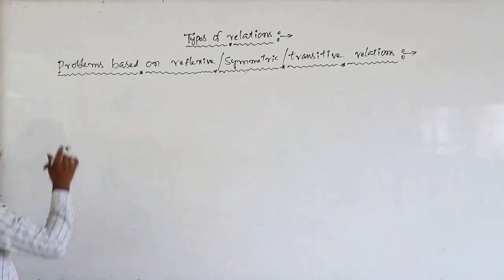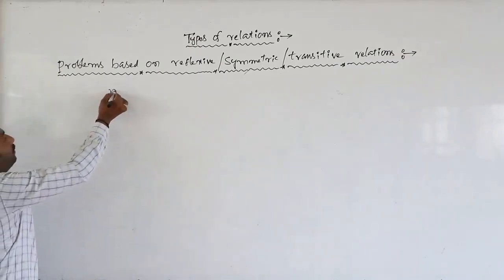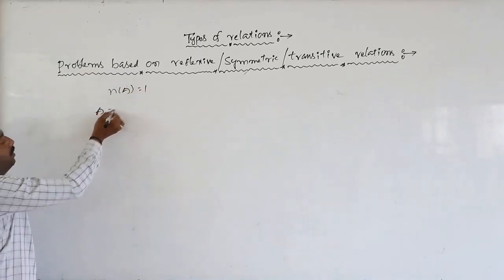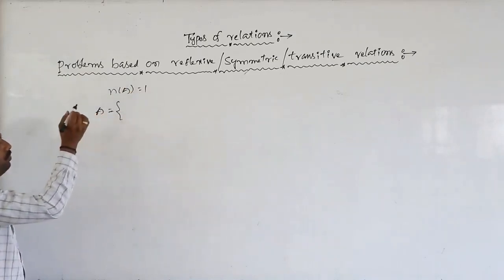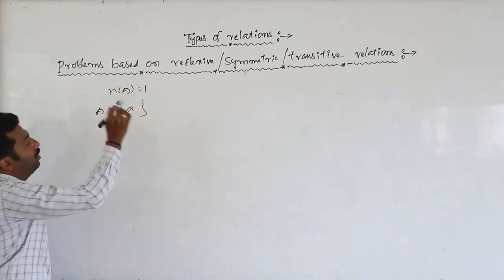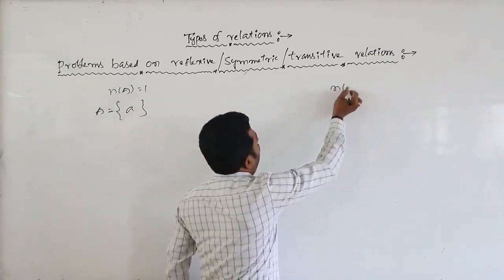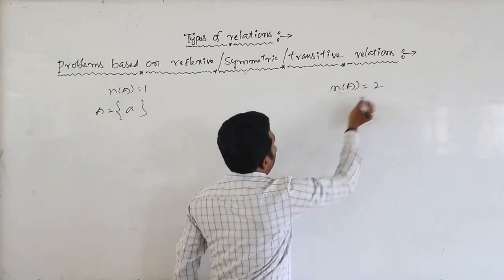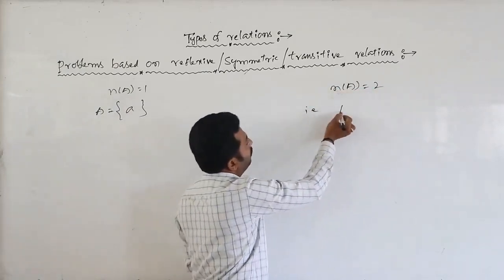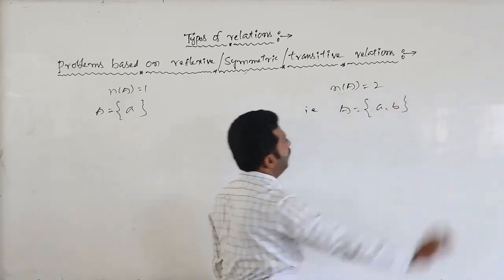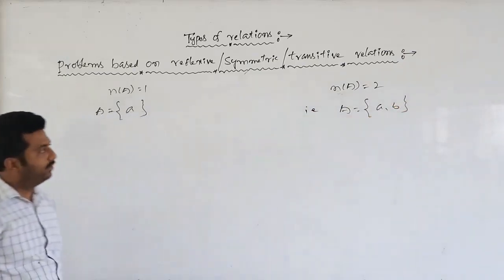See, first A contains one element, that is, suppose A equal to only one element is there. A contains two elements, that is, A equal to {a, b}, two elements are there.